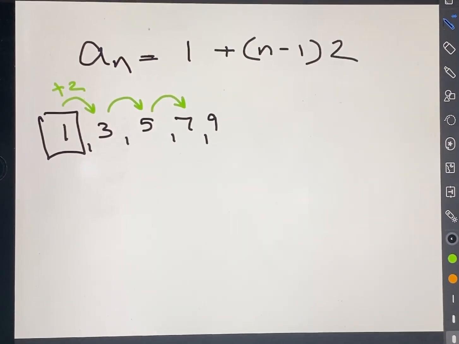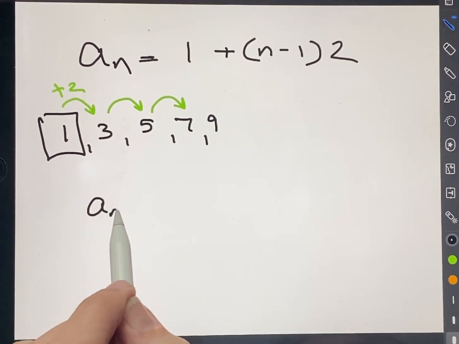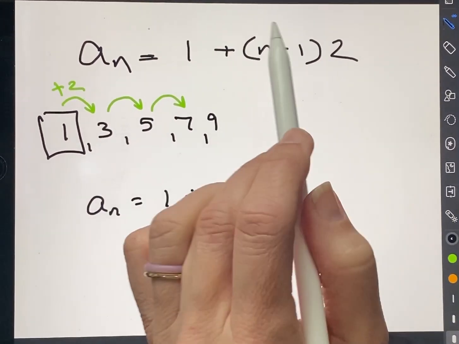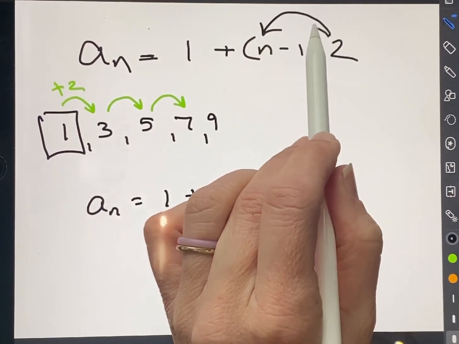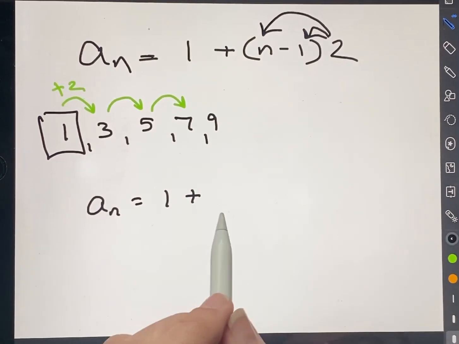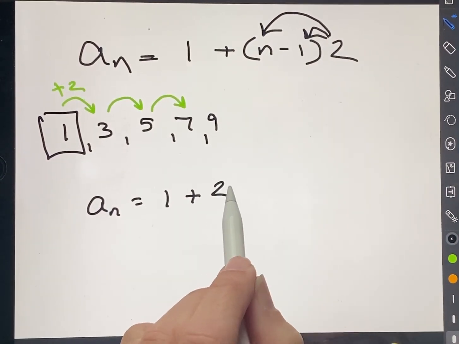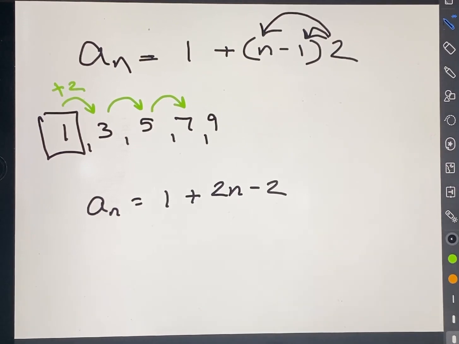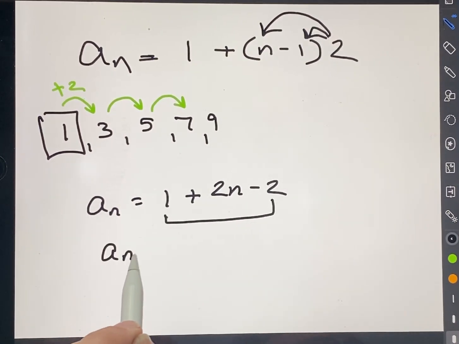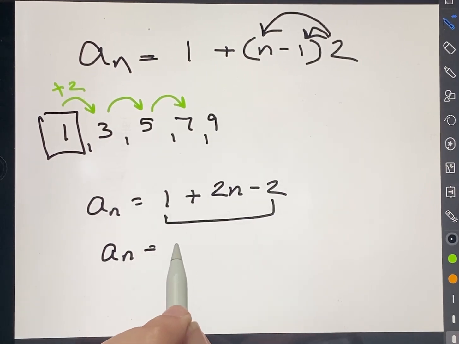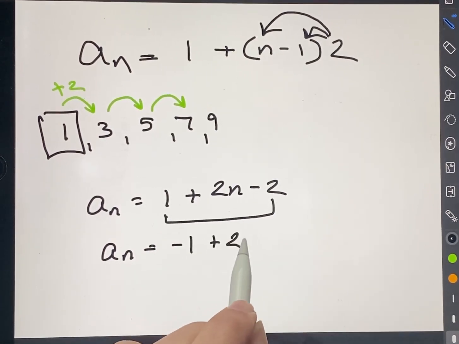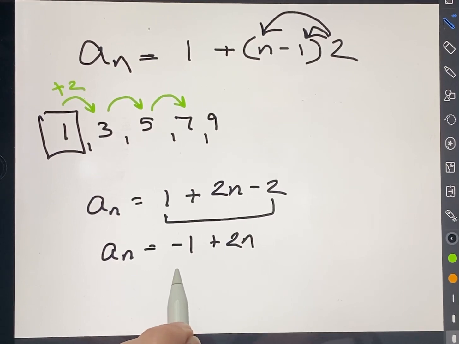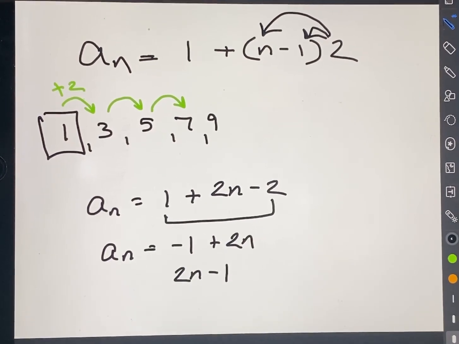Now we must simplify. So we're going to say A sub n is equal to 1 plus, we use distribution with our 2, and we're going to write 2n minus 2. Now we have like terms that we can combine. So we have A sub n is equal to negative 1 plus 2n. This could also be written as 2n minus 1.